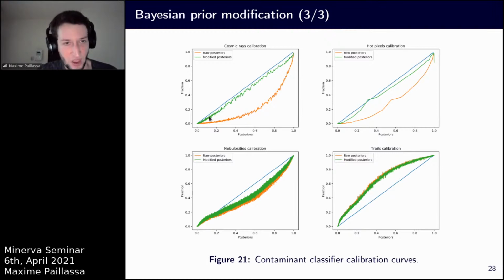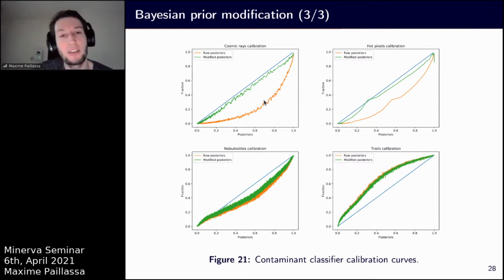And we can see that after the Bayesian prior modification, we indeed have better calibrated probabilities, because if we take the mean of the posteriors, we expect to have as value the fraction of positive samples. When I say raw posteriors, these are the raw posteriors after training.